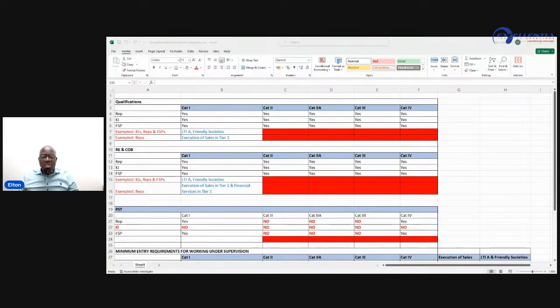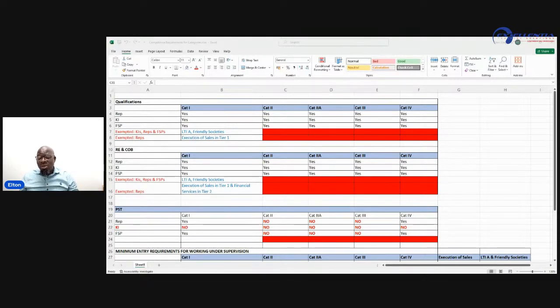So I always want to emphasize, guys, that the class of business, actually, both for the qualifications and for the RE and class of business, maybe that's not both because that's 3. But if you look at the 2 categories that I've just mentioned, the exemption for people in execution of sales, it's only on reps.